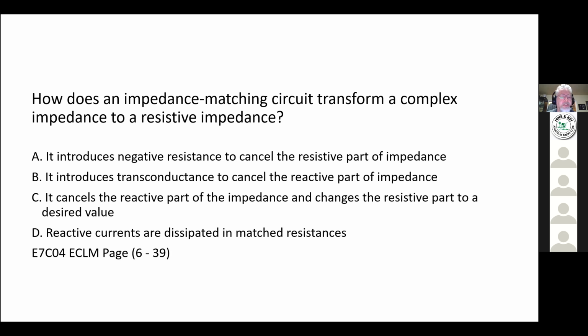C, it cancels the reactive part of the impedance and changes the resistive part to a desired value. Or D, reactive currents are dissipated in matched resistances. Charlie. Correct answer is Charlie. It cancels the reactive part of the impedance and changes the resistive part to a desired value.